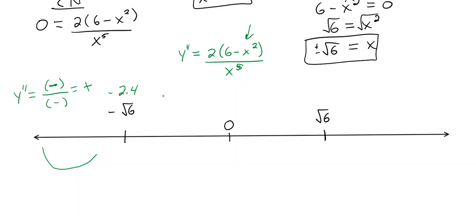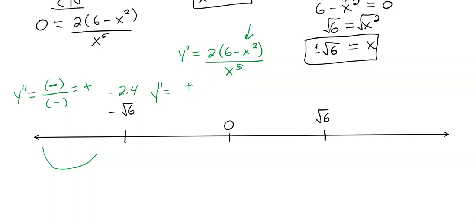Okay, so now let's try out this section here. So this would be a number like maybe negative 1, right? That might be a good one to try. So if you had y double prime in this section, we'd have 2, which doesn't really matter, but you have 6 minus negative 1 squared. Negative 1 squared is positive, so 6 minus 1 is coming out positive.